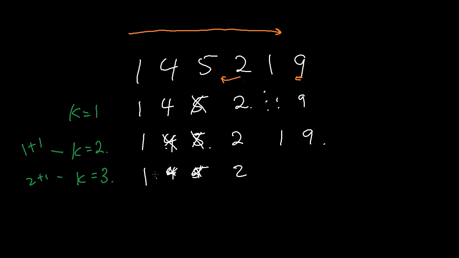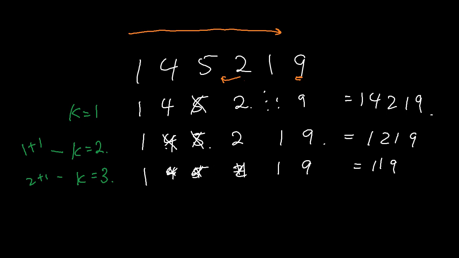We'll still keep 1. So let's continue on here. We'll read 1, so 1 comes down, and you can see here that we want to replace 2 with a smaller 1, so we're going to remove this. And then we add the 9 to get our 119. So before here was 1219 and 14219.